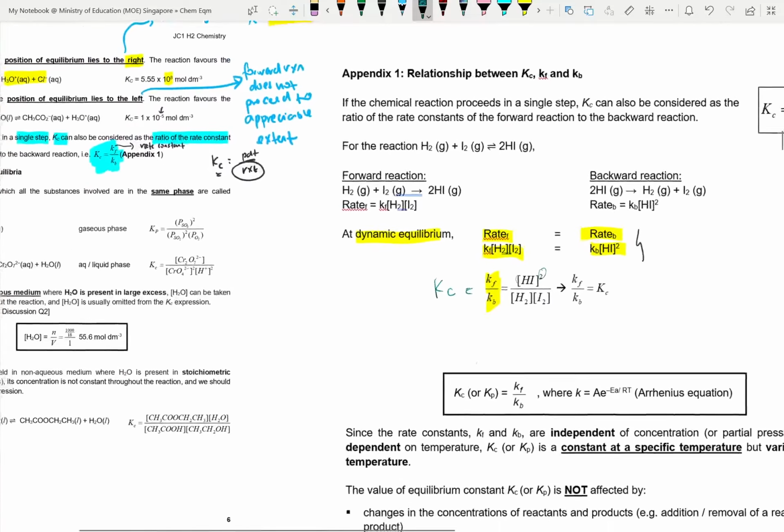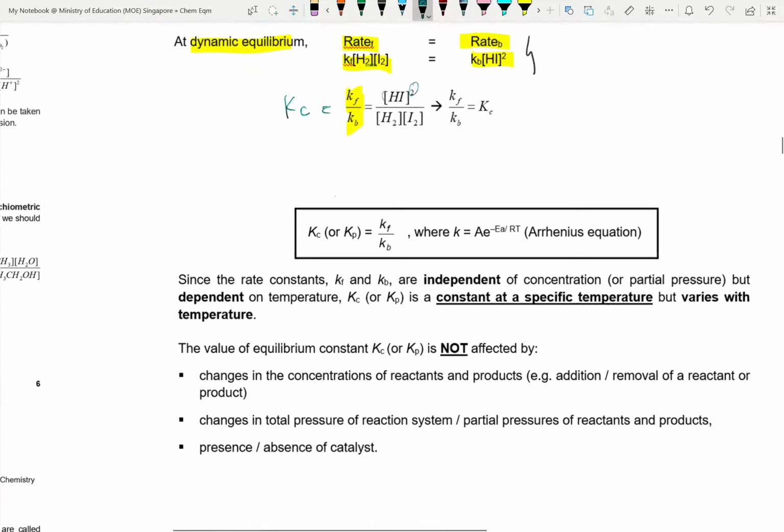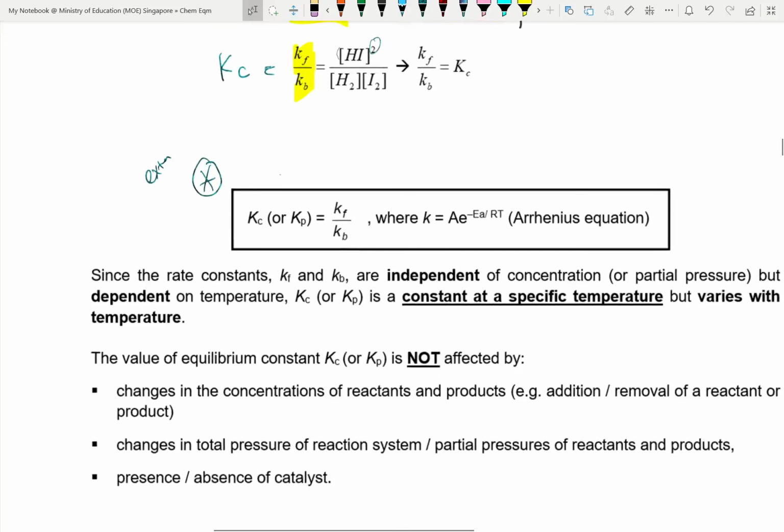You may also want to take a note for yourself. This is something extra: since Kc is simply the ratio of the rate constants of the forward and back reactions, and you will have learned before that this is the rate constant, if you look at the Arrhenius equation, although this is not in the syllabus, you can tell how the rate constant is dependent on the temperature.